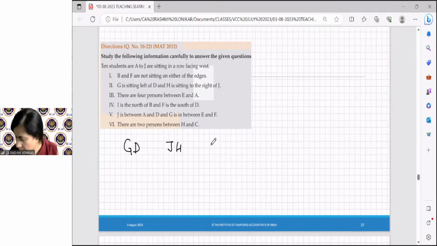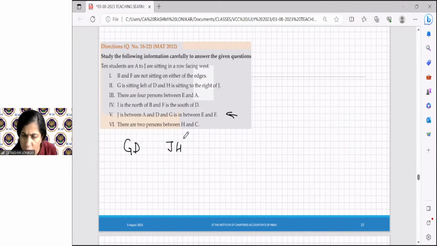There are 4 persons between E and A. They are facing west, so they are facing this side.